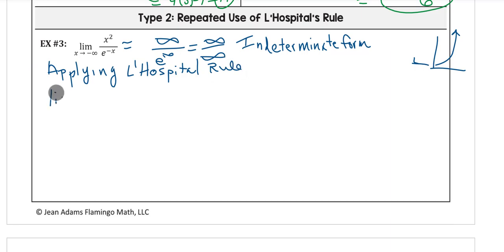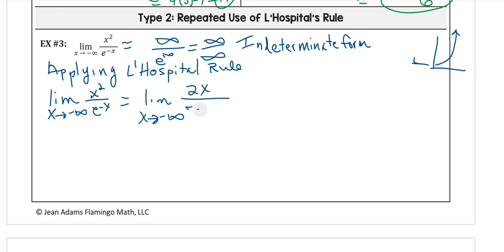So our limit is now going to become the derivative of our numerator and denominator. So we're going to have 2x over negative e to the negative x. And so when we go to evaluate this, we're going to get negative infinity over negative infinity.